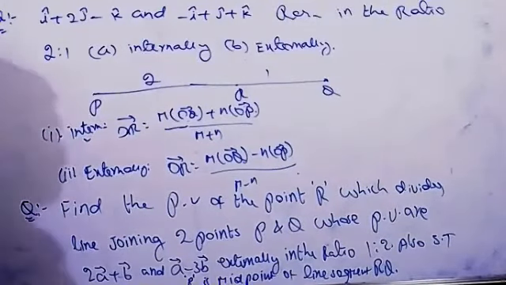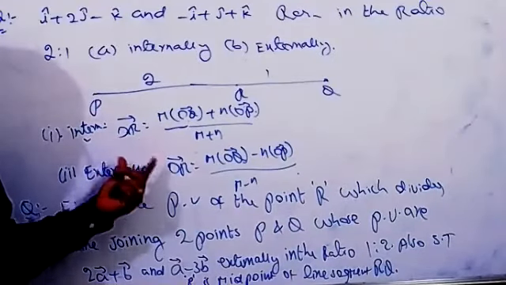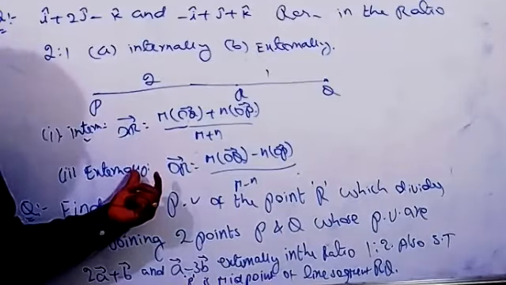The question: find the parallel vector of the point R which divides the line joining two points P and Q, whose parallel vectors are 2a plus b and a minus 3b, externally in the ratio 1 is to 2. Also show that P is the midpoint of the line segment RQ. That's the question. Previous one, you got the answers, all of you? Sanchit?